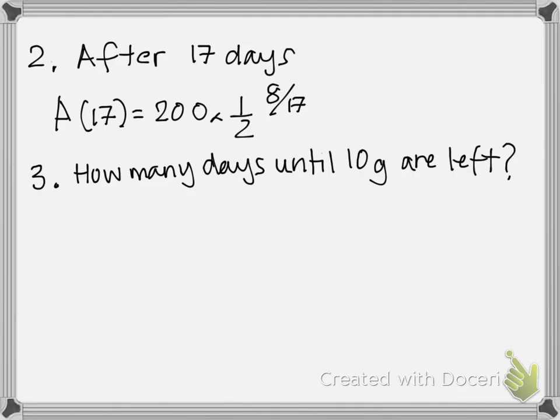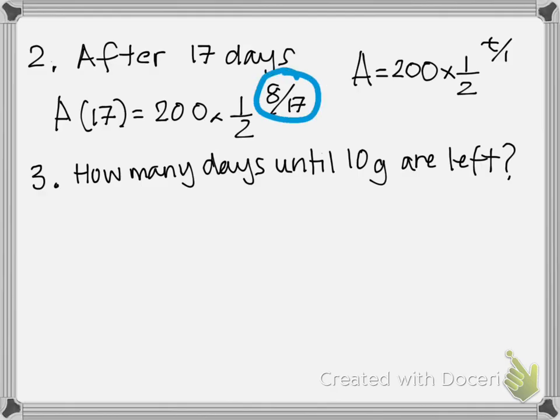So using the model, and remember that the model is A equals 200 times 1/2 to the t over... did I do that wrong over here? I did that wrong. I flipped it upside down.